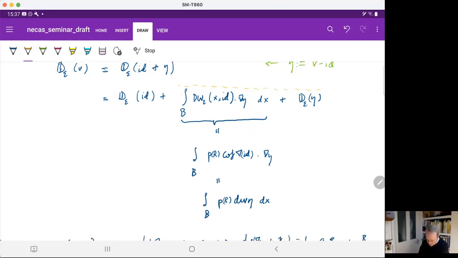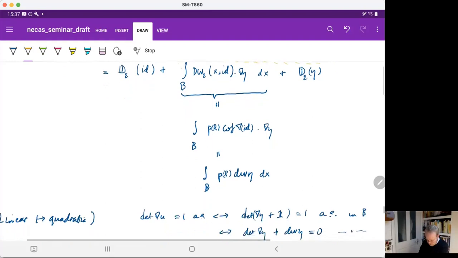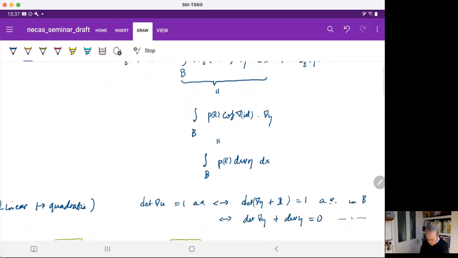Okay, the next nice trick is to relate div eta to det d eta, and you do that using the fact that the map V in this setting is incompressible. So if det dv equals 1, then that tells you that there's a relation between this quadratic object det d eta and div eta.